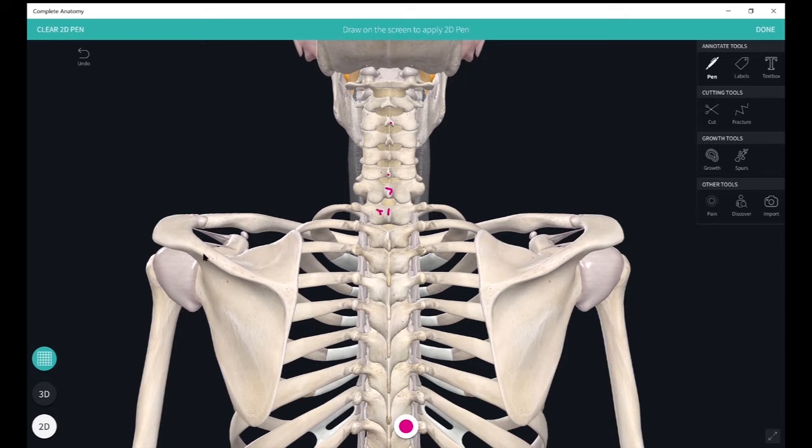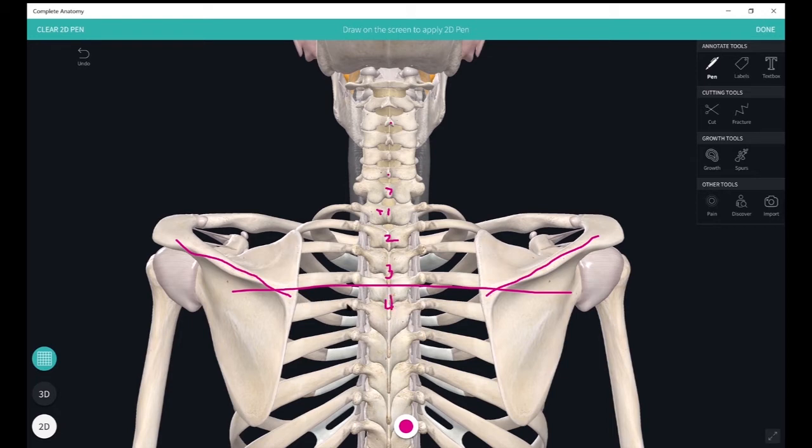So for one of our D-level placements today, we want to look at something a little bit further into the thoracic spine. So if we look at the spine of the scapula, we can draw a line from the root of the spine of the scapula across, and the general location will be between the spinous process of T3 and T4.